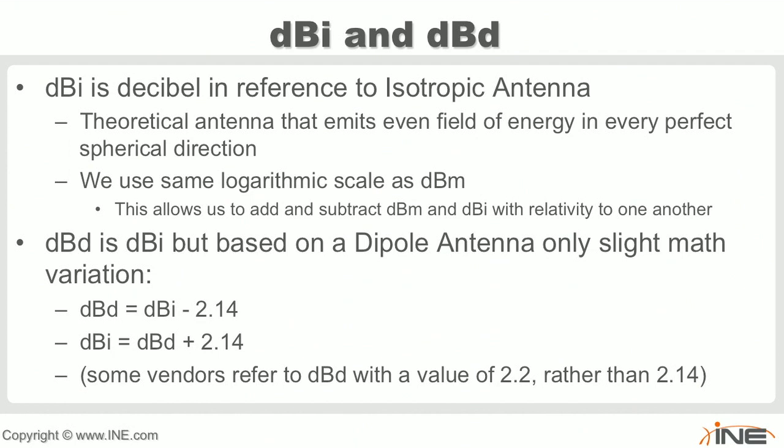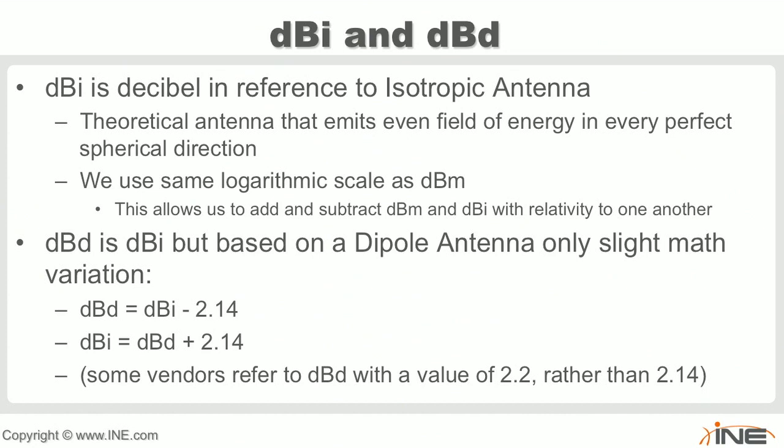dBi is an industry standard for decibels in reference to an isotropic antenna. An isotropic antenna is really a theoretical antenna that doesn't exist in reality at all. In theory, it emits an even field of energy in every perfect spherical direction.